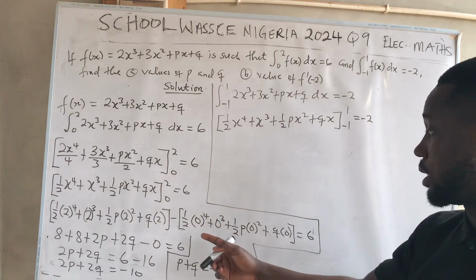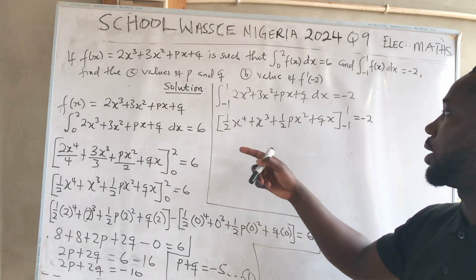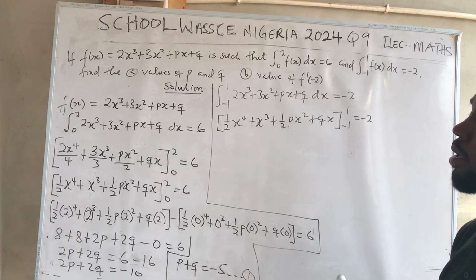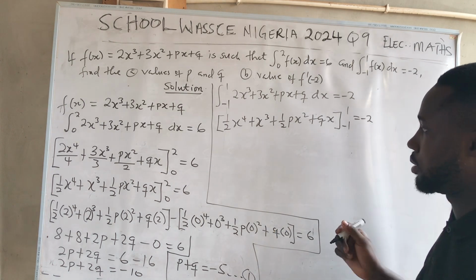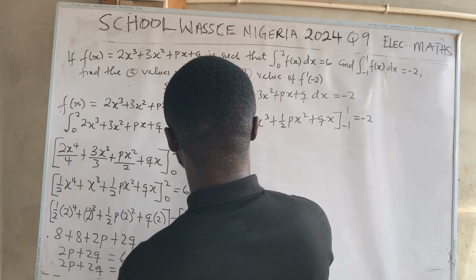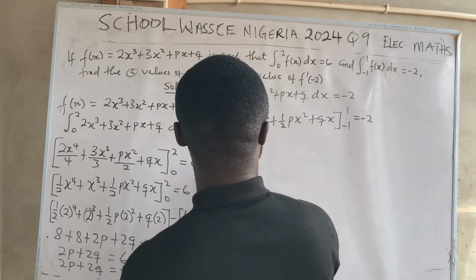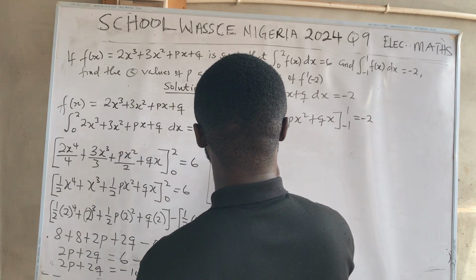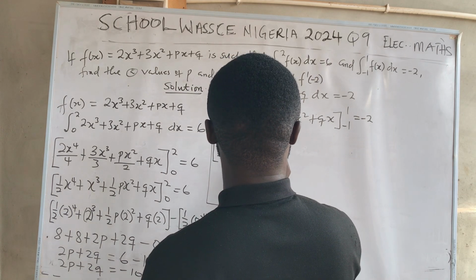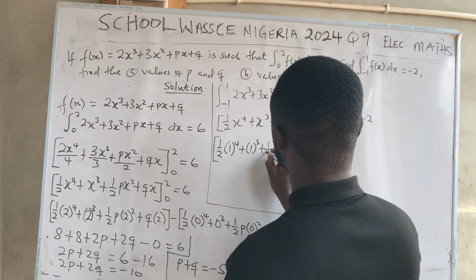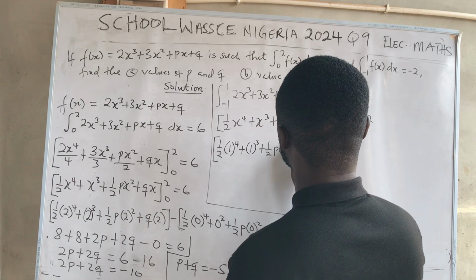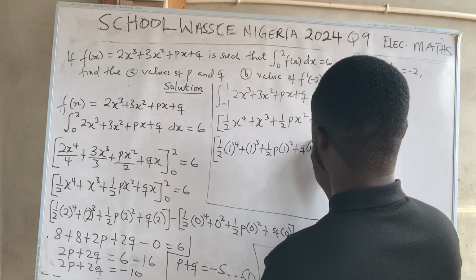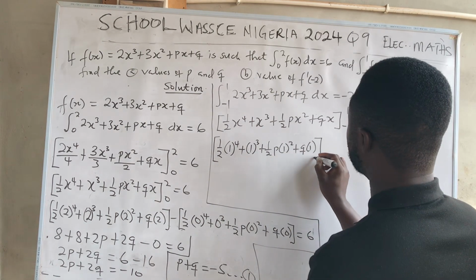So we are going to do the same thing: substitute 1, minus the substitution of negative 1 into the same function. All right, so we have 1 over 2, 1 exponent 4, plus 1 exponent 3, plus 1 over 2p, 1 exponent 2, plus q multiplying 1. Okay, so we are done with the substitution of 1.